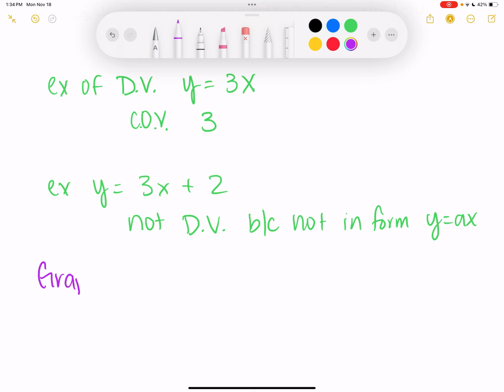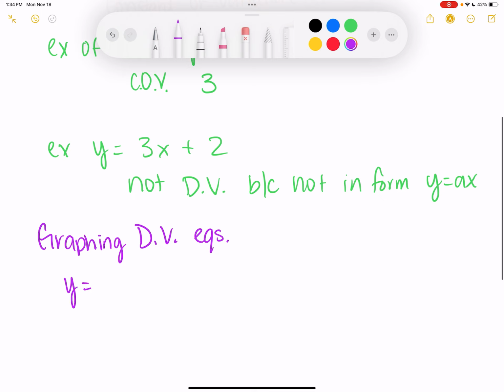Graphing direct variation equations. The equation is y equals ax. What is the equation of a line in slope-intercept form?